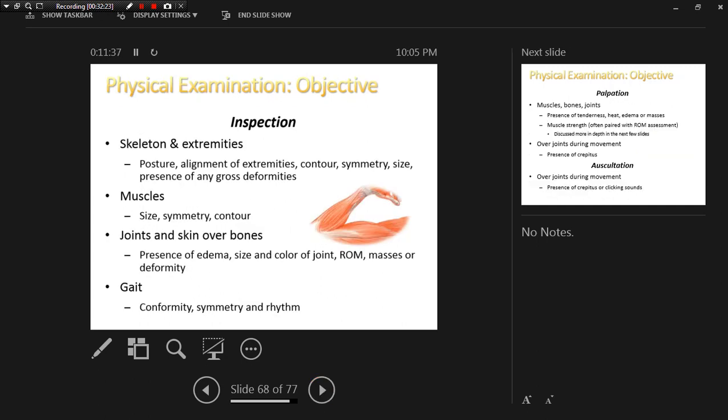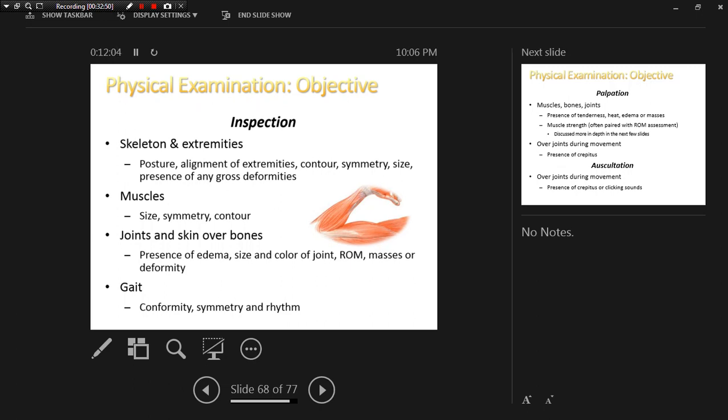And when we're inspecting, we're going to look at the patient's posture, the alignment of their extremities in relation to their posture, the contour, the size of their muscles, their joints. Are there any gross deformities? You don't have to be an orthopedic surgeon or a PA to be able to see gross deformities in somebody with their posture and the alignment of their extremities, especially when they're having pain.